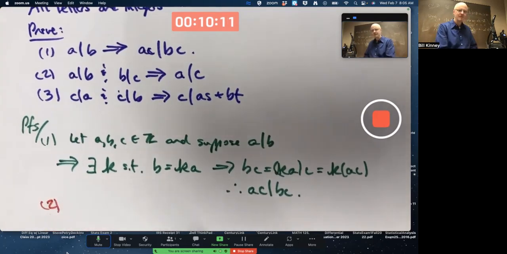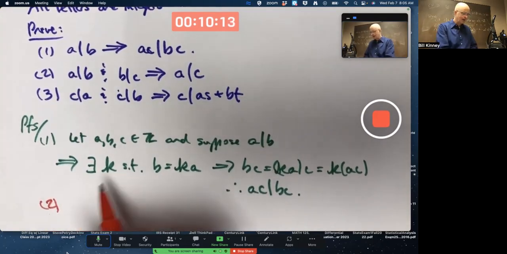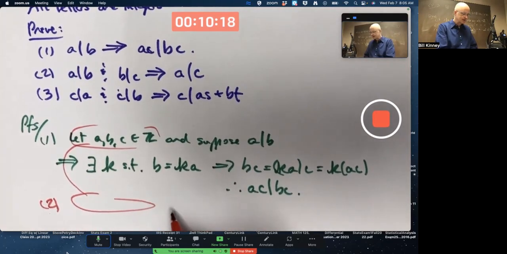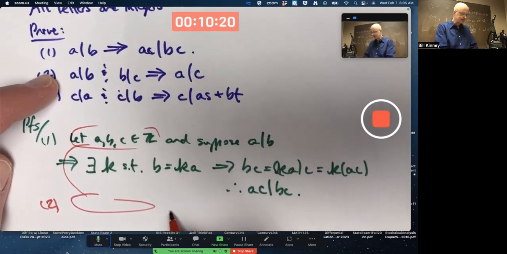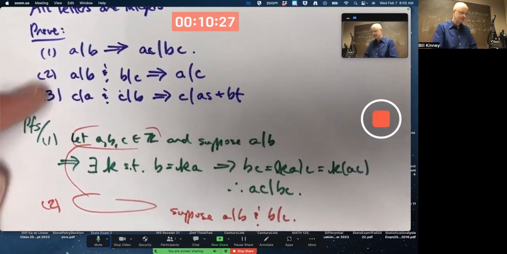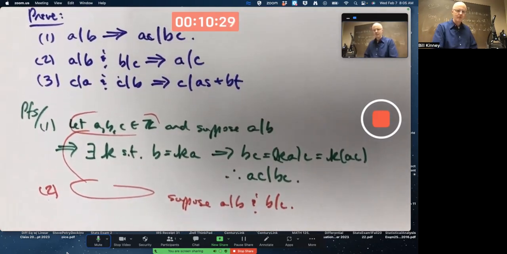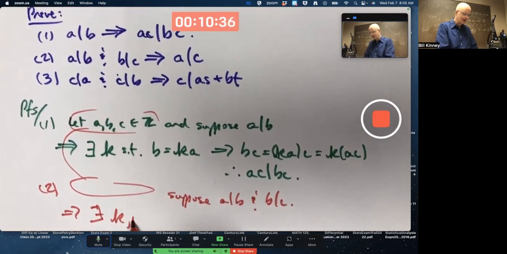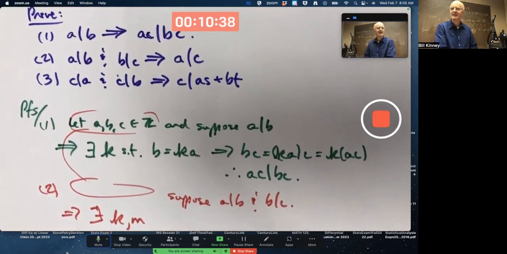Property 2. We would again start by saying let A, B, and C be arbitrary integers. But now we're supposing two things. Suppose A divides B and B divides C. That implies there exist two integers, say K and M. Yes, I know L is the next letter in the alphabet, but L sometimes looks a bit too much like a 1.